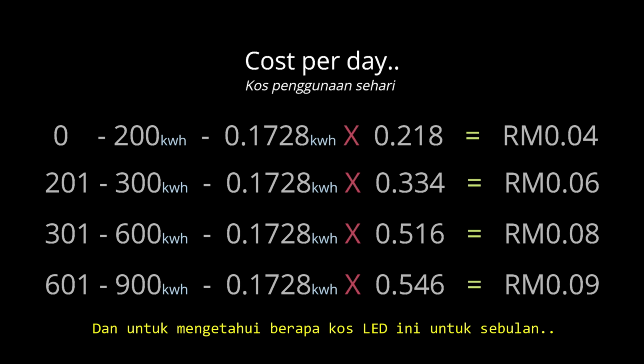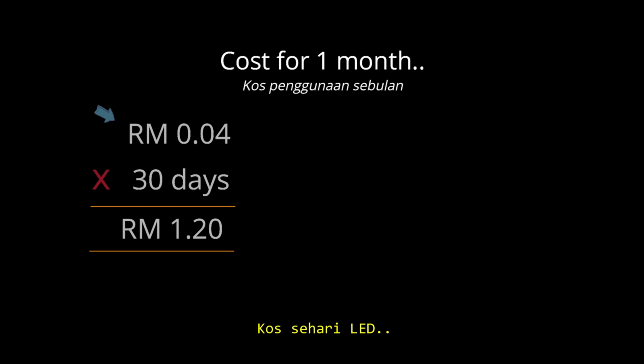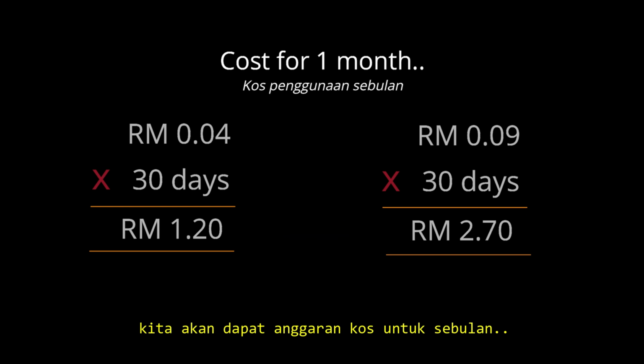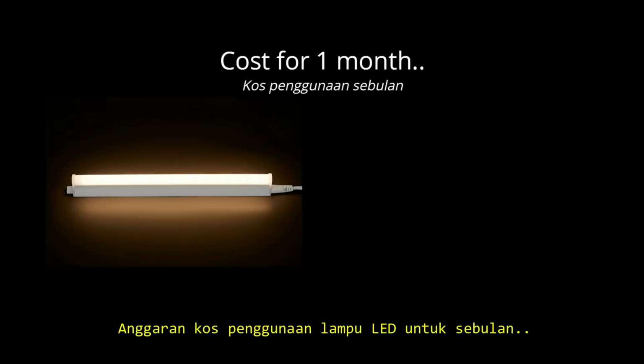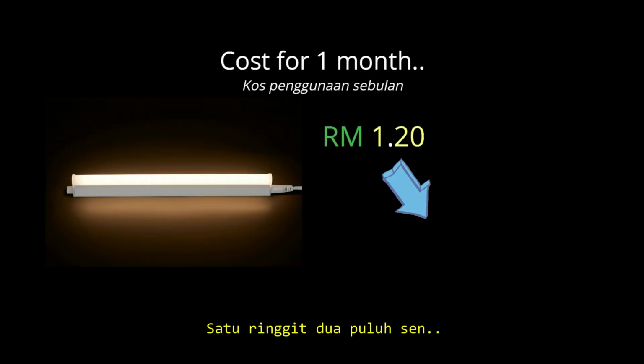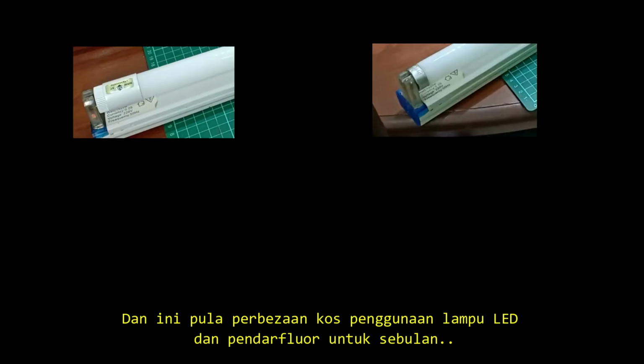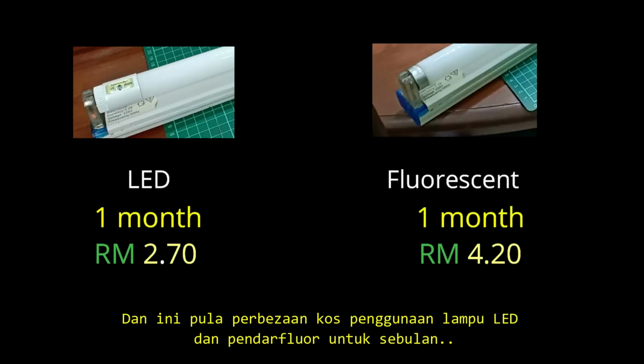And to find out how much this LED costs for a month, the cost per day of each TNB tariff multiplied by 30 days, we will be able to estimate the cost for a month. So, the estimated cost of using the LED lights for a month: 1 ringgit 20 cents up to 2 ringgit 70 cents. And this is the difference in cost between LED and fluorescent tubes for a month.